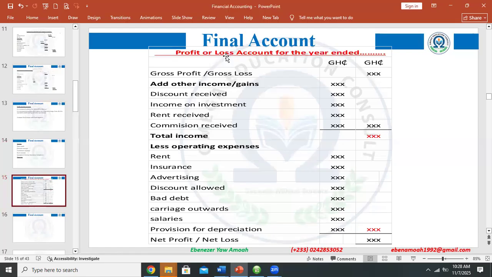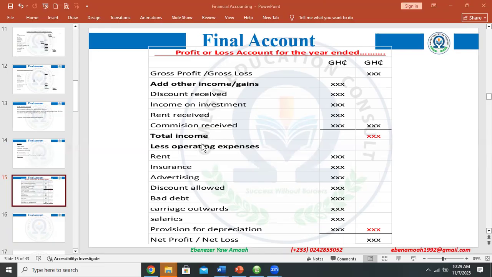And look at what we start with. You start with your gross profit or gross loss. So that is the trading income. You bring that one first, and then you add the other income or gains as we spoke about. And we have seen one of them is discount received, income on investment, rent received, commission received. So when you add these other income to the gross profit or loss, what you get is the total income. And then you less the expenses from it.